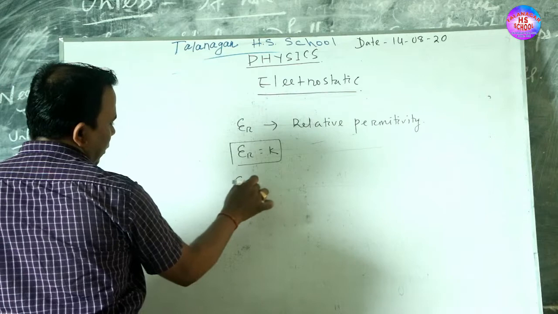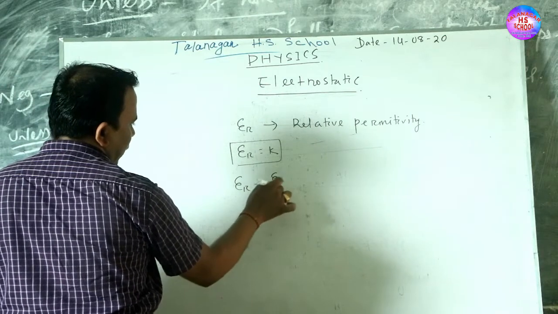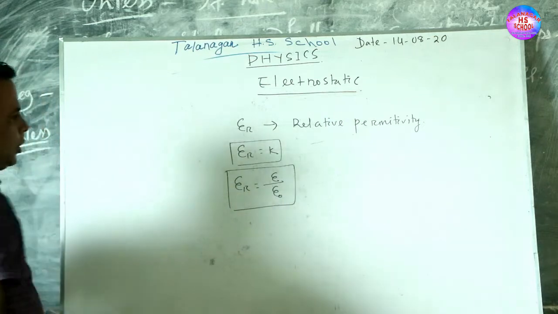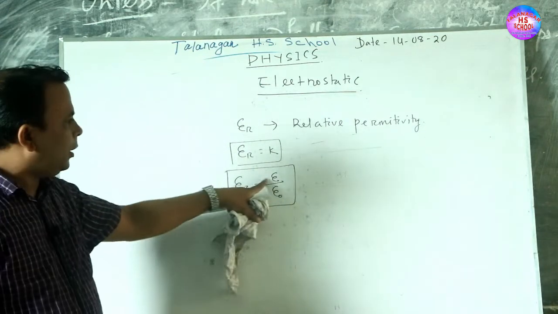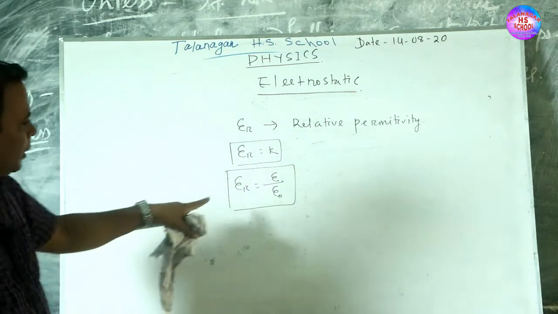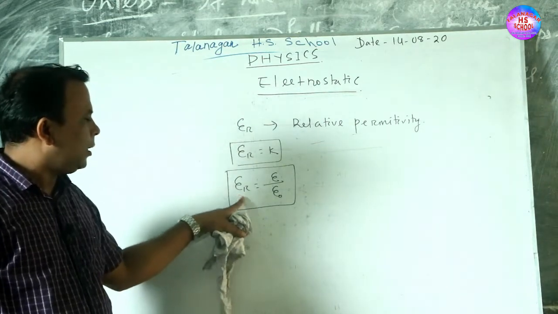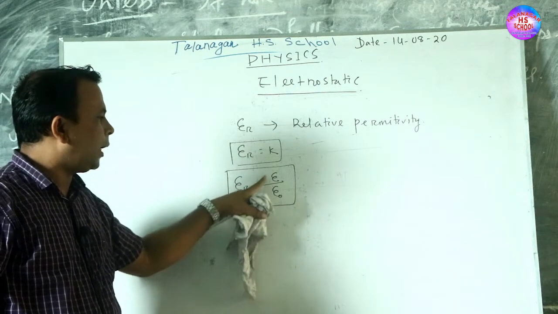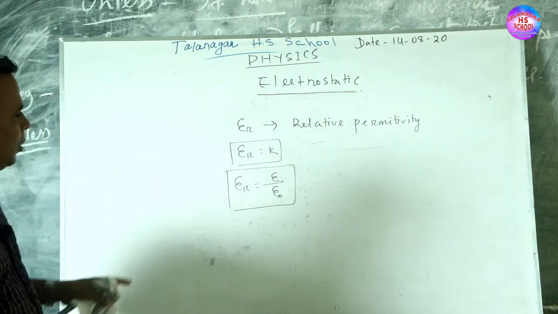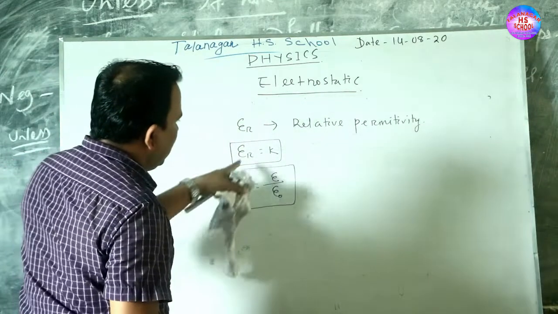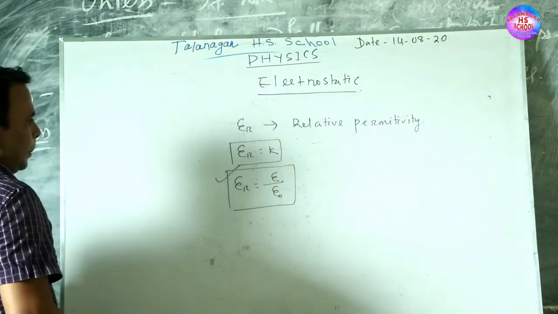Epsilon r is equal to epsilon by epsilon naught, meaning it is the ratio between the permittivity in the medium to the permittivity in free space. Epsilon r is also a constant, equal to the ratio epsilon by epsilon naught. That means it has no unit. It is equivalent to k.